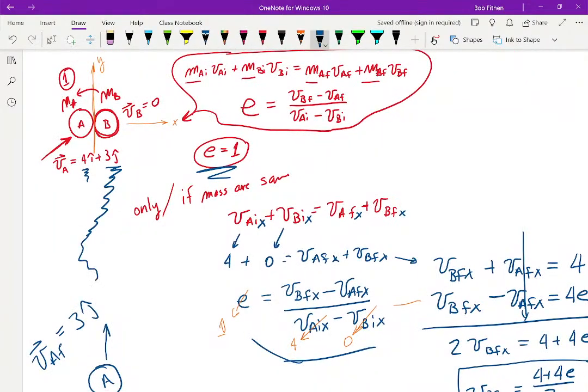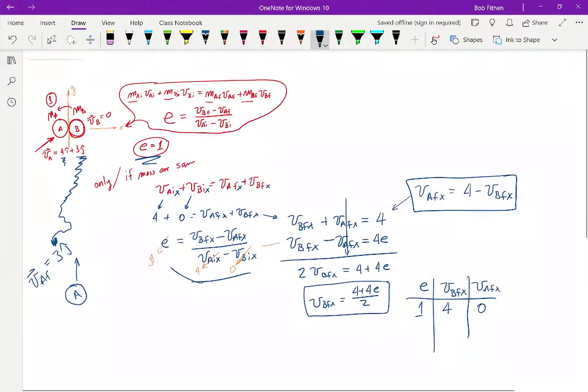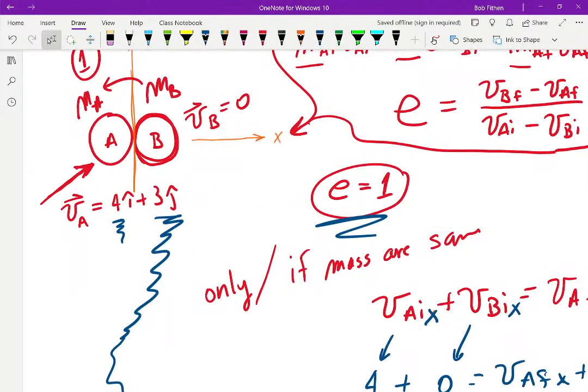There's no impact here. So it's just copied to the final state. Then what happens is VB, right after impact, goes straight to the right by 4. So VB final equals that. So what it did is it took all of the X component velocity off and transferred it to B.